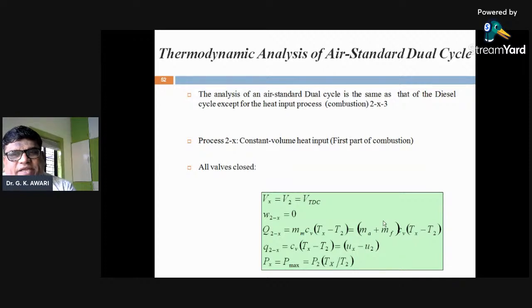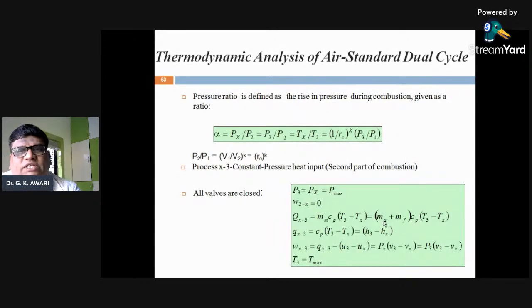So W2x is equal to 0. So Q2x is equal to m Cv (Tx minus T2), which is equal to (Ma plus Mf) Cv (Tx minus T2). So Q2x is equal to Cv (Tx minus T2), which is equal to Ux minus U2. So therefore Px is equal to Pmax is equal to P2 (Tx divided by T2).